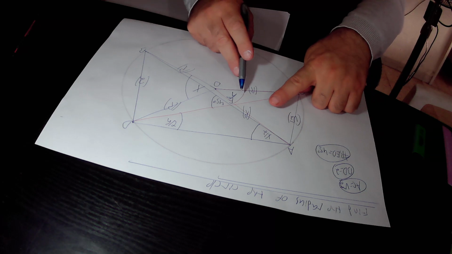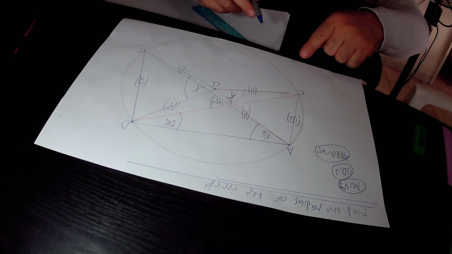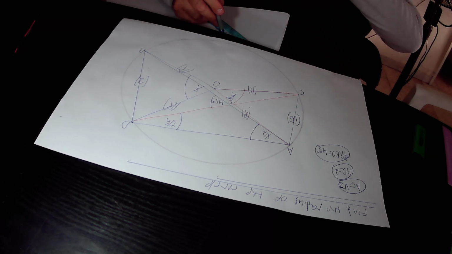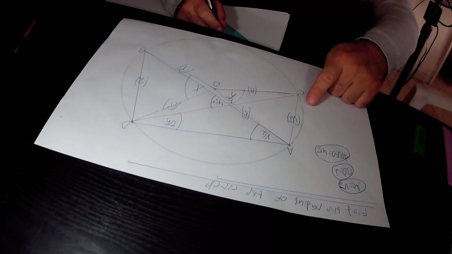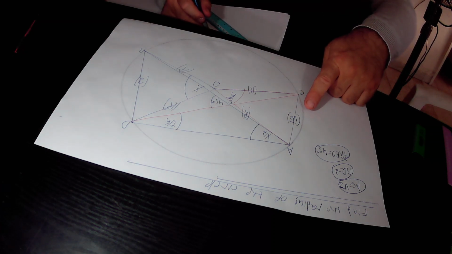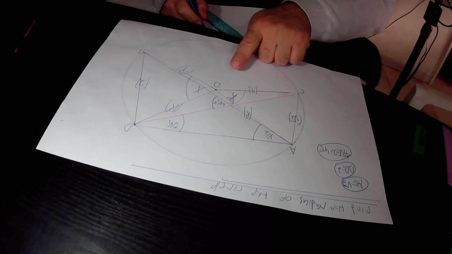Side AO equals R, and side OC also equals R. Side AC equals the square root of 2 units in length, according to what is given in the question. And this is angle AOC. The size of angle AOC is Y.